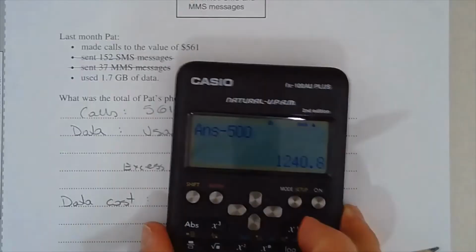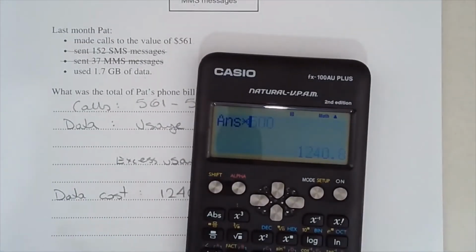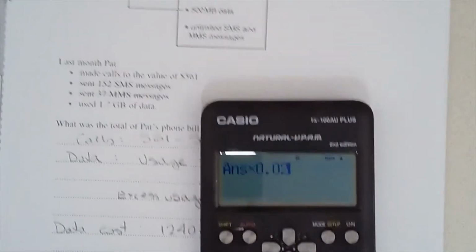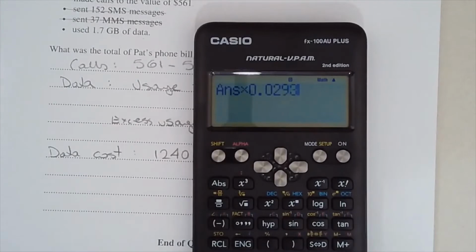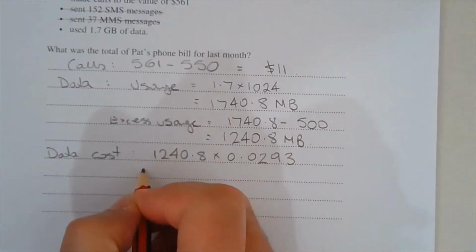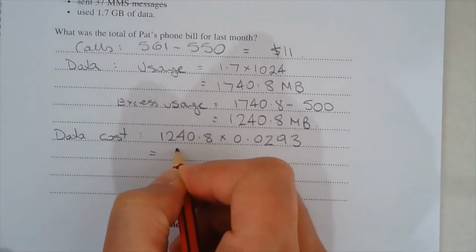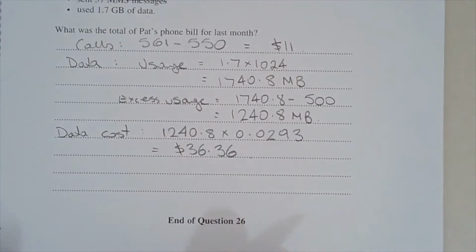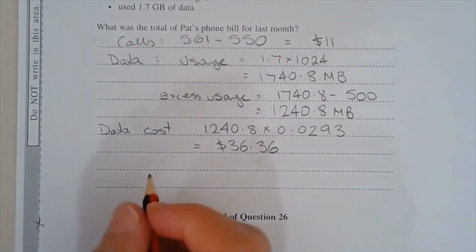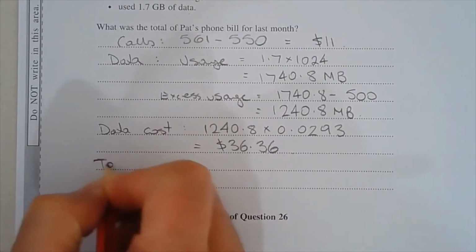So 1240.8 times 0.0293, and we get $36.36 rounded to the nearest cent. So that's equal to $36.36.